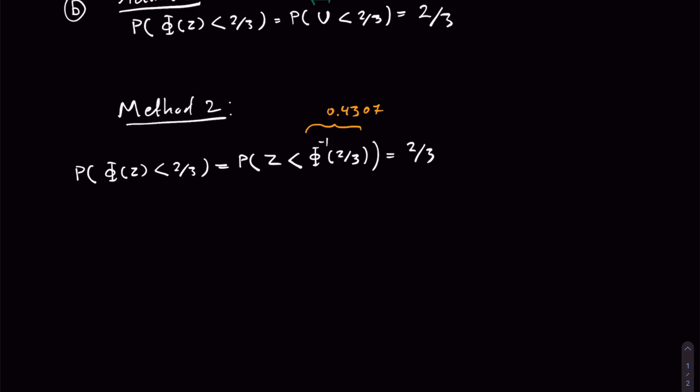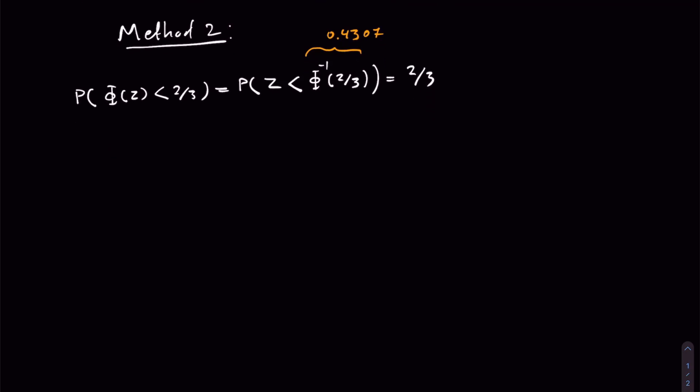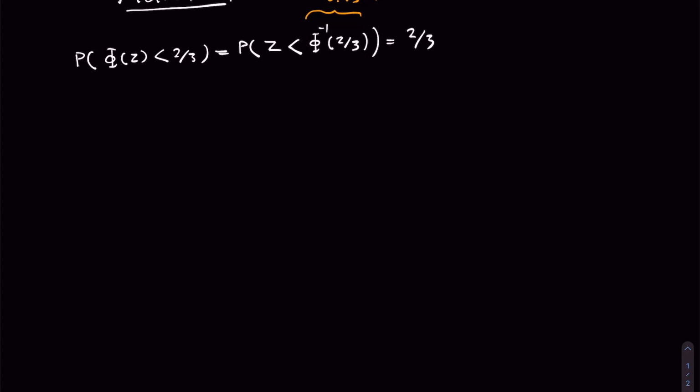Now, let's think a little more about what that means, and I'll draw the following graph. This is the CDF of Z. It goes something like this, not exactly right, and goes from 0 to 1.